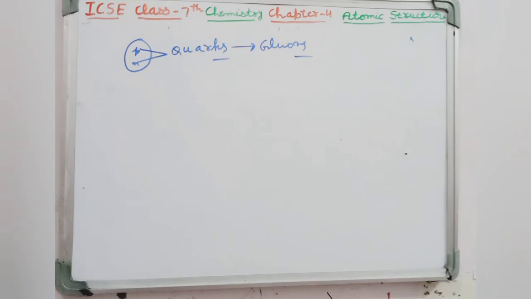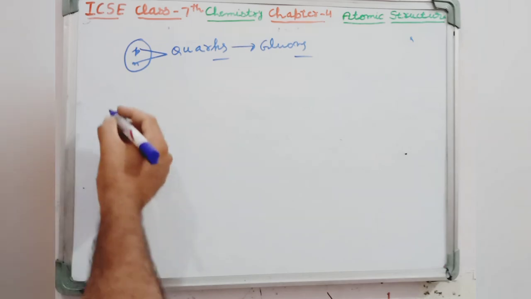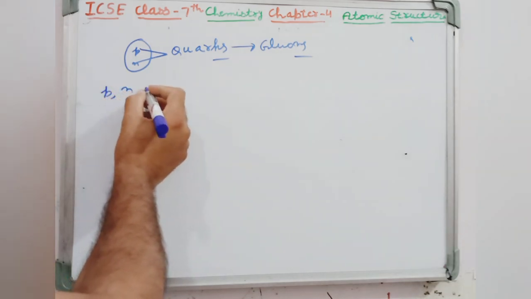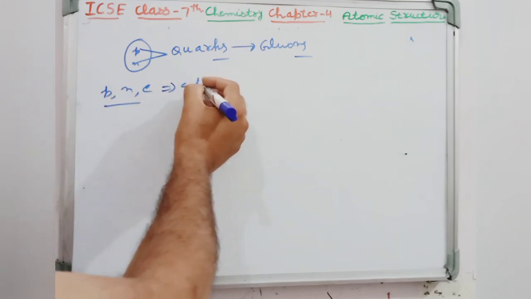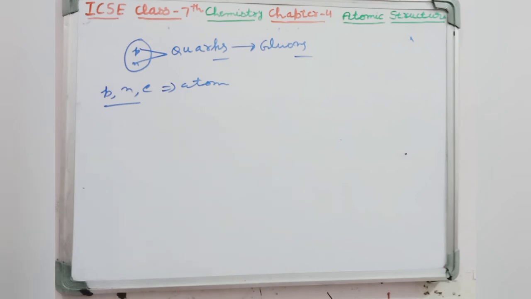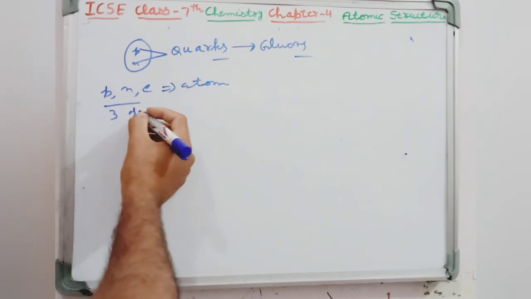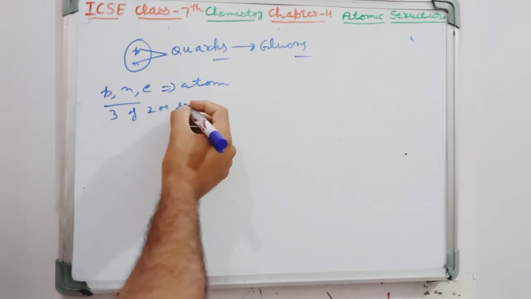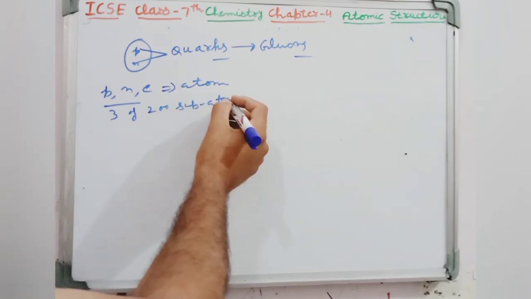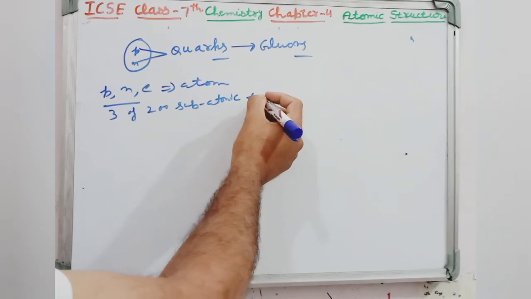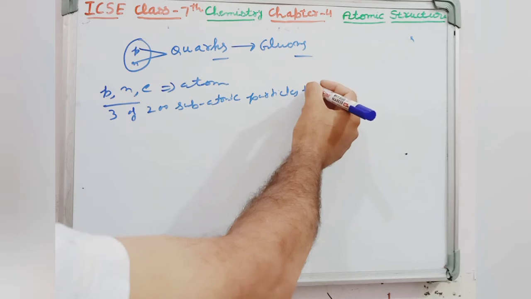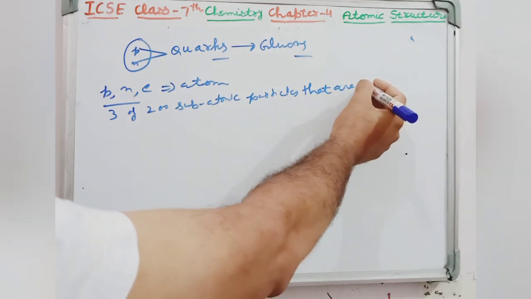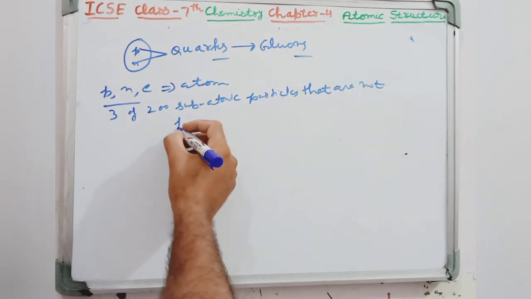Right? Now one amazing thing is that proton, neutron and electron, which make an atom, are just 3 of 200 subatomic particles. The amazing thing is that the rest are not known yet.